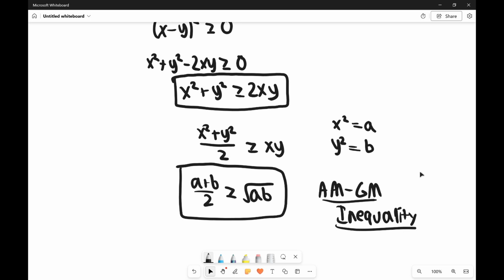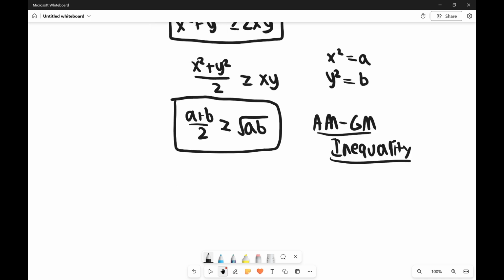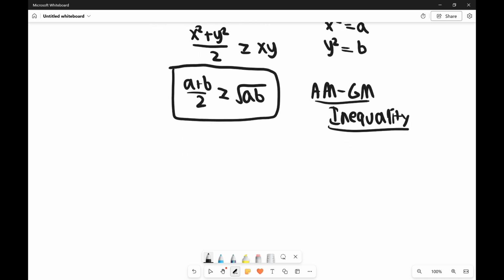And can we generalize this to more variables than just two? Because using two variables is kind of boring. Well, yes, we can. So suppose that a1, a2, all the way to an are non-negative real numbers, so they can't be negative.